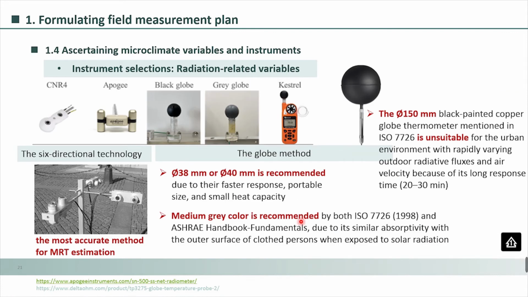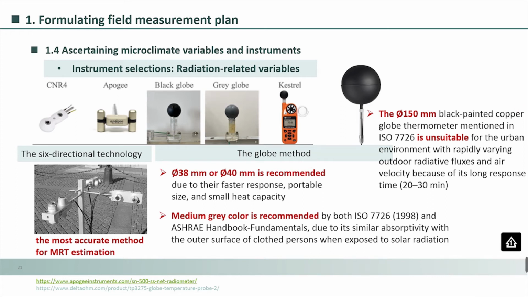And for the radiation-related variables, most researchers use TMRT, that is mean radiant temperature, to investigate the radiative exchange between the human body and the surrounding environment. The various methods for estimating TMRT have been reported in the ISO 7726 standard, and I suggest you have a look at it.